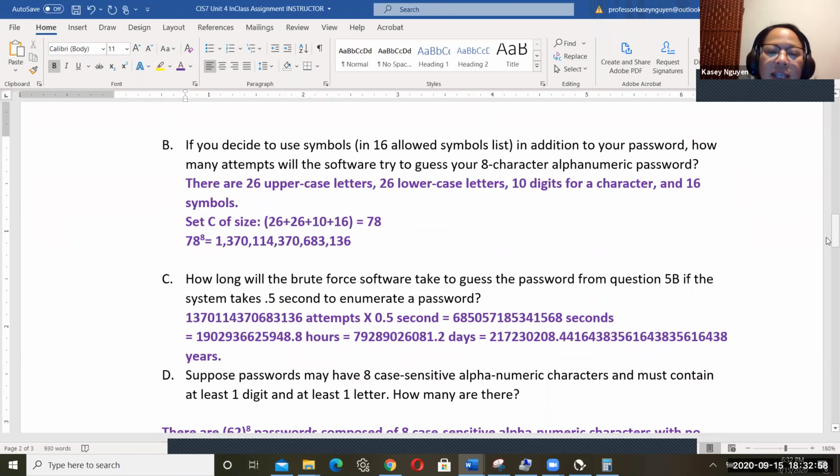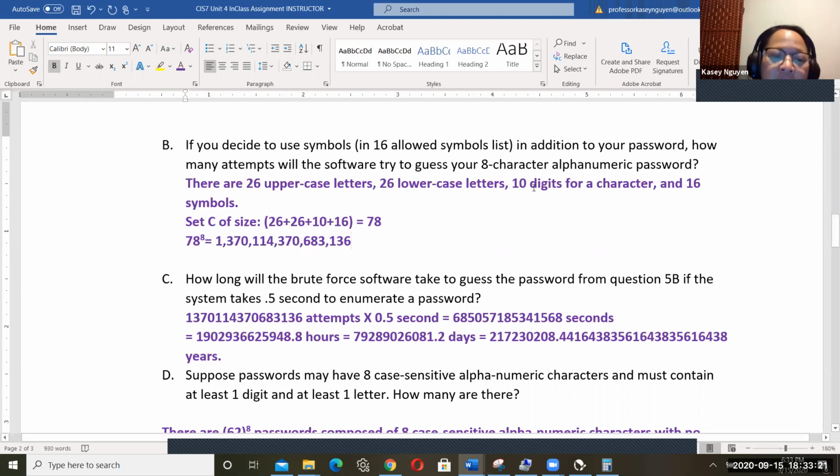Okay, so for C, we have to convert this to time and see how long that would take. So how long will the brute force software take to guess the password from 5B if the system takes 0.5 seconds to enumerate the password?